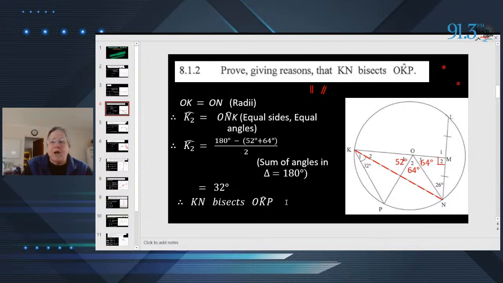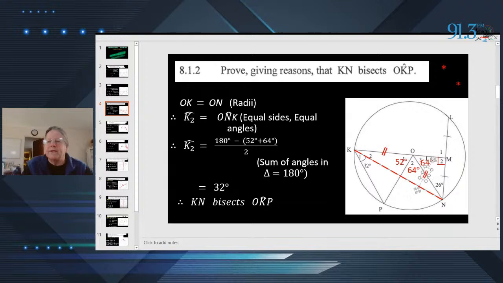So please take note of this one. Let's see, I wanted to put this in here for you guys to see where your equal sides are. See, there's the radii.